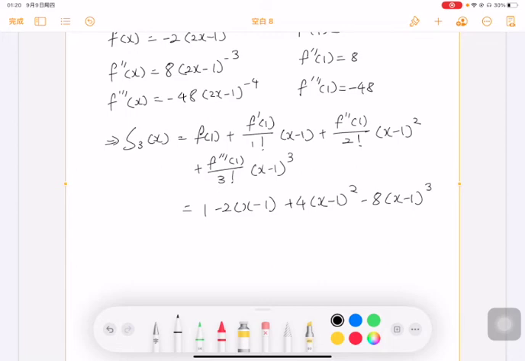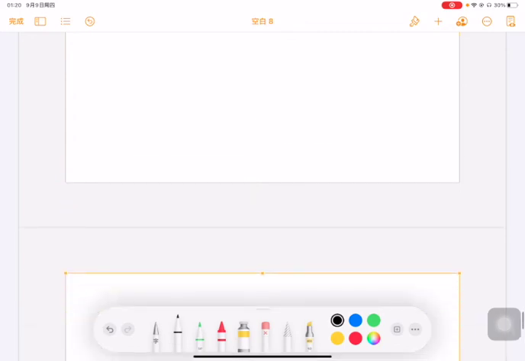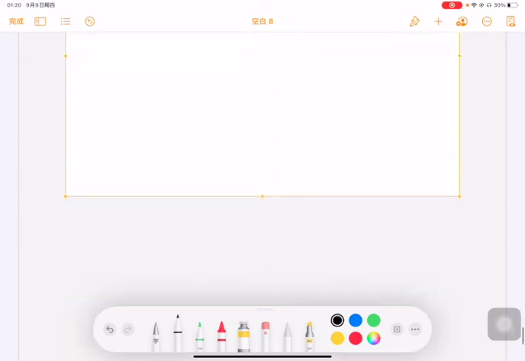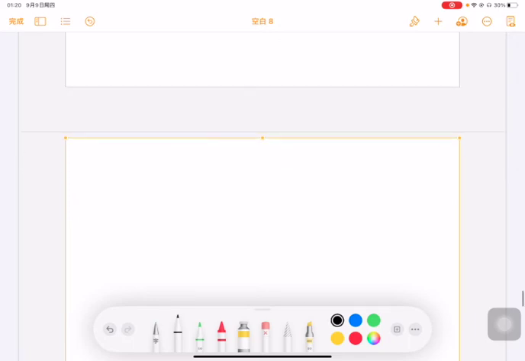Problem 9. Problem 9 is another Taylor polynomial problem. And this time we want to use it to approximate an integral. Okay, now that I think of it, using a new page isn't really that convenient at all.